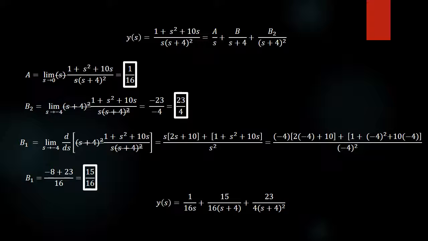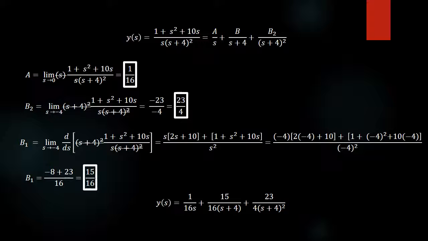The next step is to apply the limit when s tends to minus 4 of the derivative with respect to s of the partial fraction times (s + 4)², and the terms of (s + 4) are cancelled out.